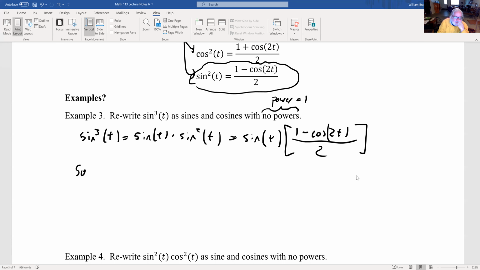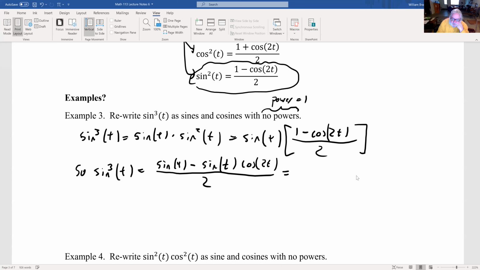So simplifying a bit, distribute the sine t, that gives me sine of t minus sine of t cosine of 2t over 2. And we often will break this into two fractions. So this is a little bit about simplification again.